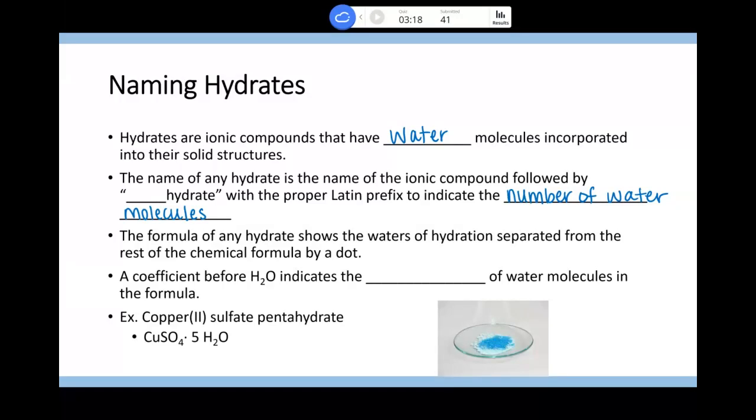The ionic compound comes first, and then the number of water molecules second. A coefficient before the H2O indicates the number of water molecules in the formula. So here's copper(II) sulfate pentahydrate. Penta is a Latin prefix, hydrate at the end is for water, and copper(II) sulfate is the name of the ionic compound.